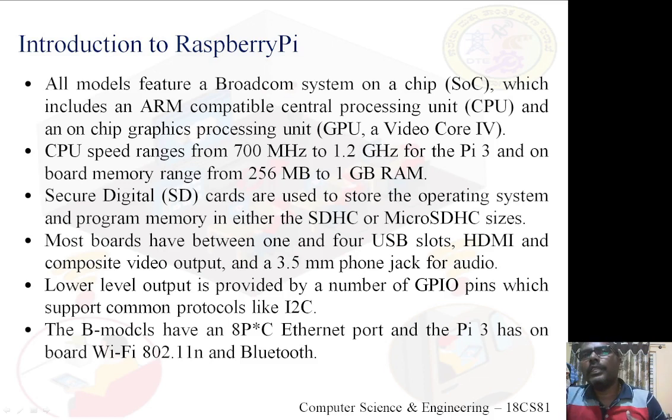When I say input output, for a computer there is an input device and output device. Here in case of Raspberry Pi boards, for the purpose of input and output, there are IO pins, which we call GPIO, general purpose input output pins. There are around 40 GPIO pins on Raspberry Pi boards.